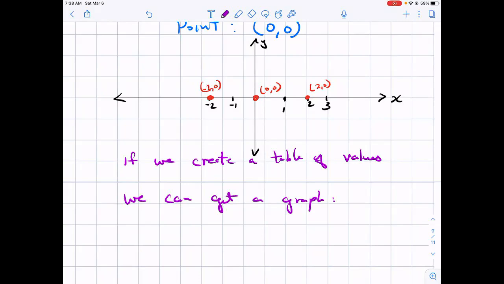So if you do this, you will see that your graph should look something of this sort. You will see that your graph would look like that.